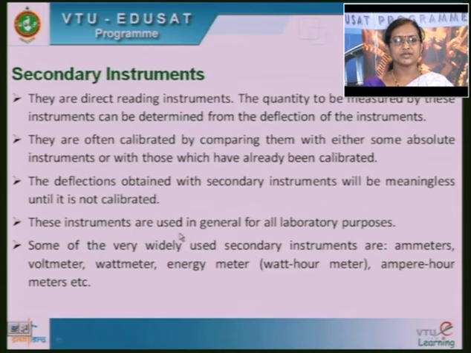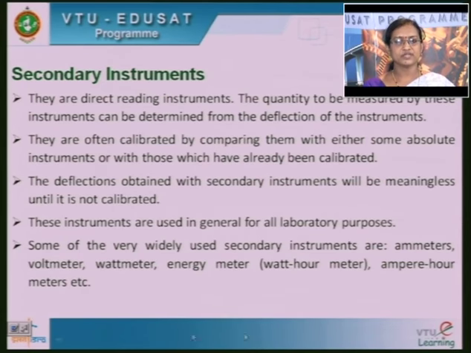These instruments are used in general for all laboratory purposes. In our laboratory, the ammeter, wattmeter, voltmeter, whatever meters we use, are all secondary instruments. Some very widely used secondary instruments are ammeters, voltmeters, wattmeters and energy meters. The energy meter is also called a watt hour meter, because energy is the power consumed over a particular time.